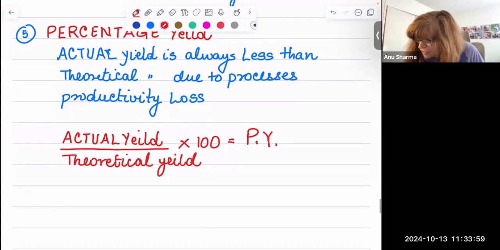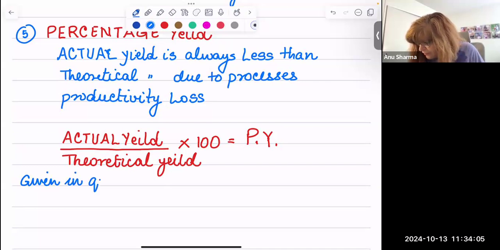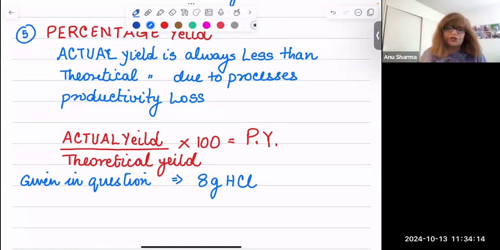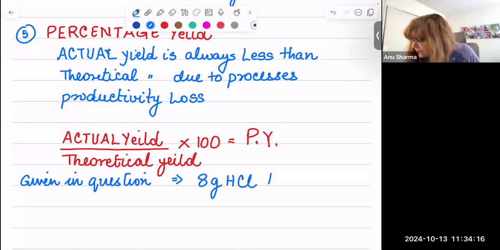Let's assume the question says we finished all the processes and the final product we got was 8 grams of HCl. This 8 grams of HCl is the actual yield.